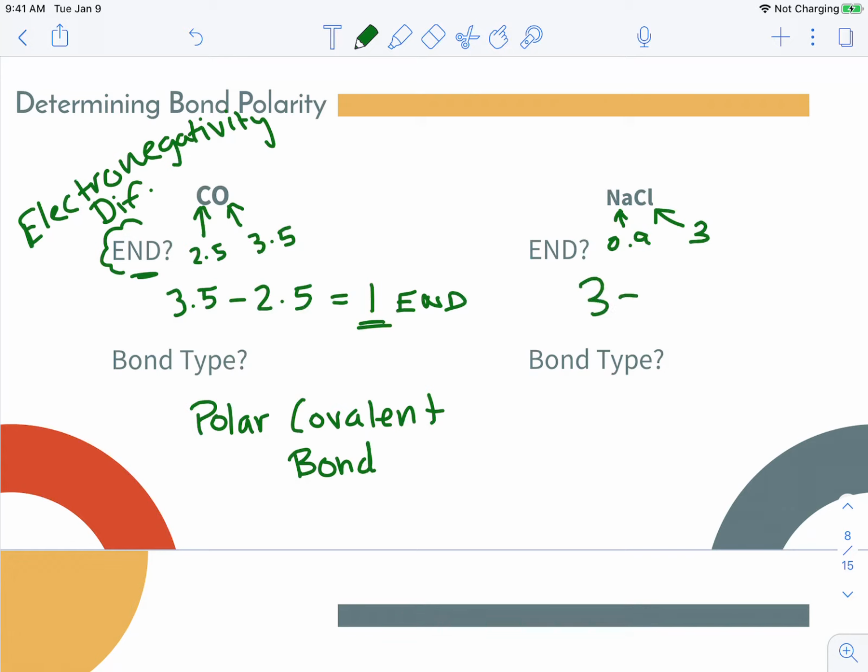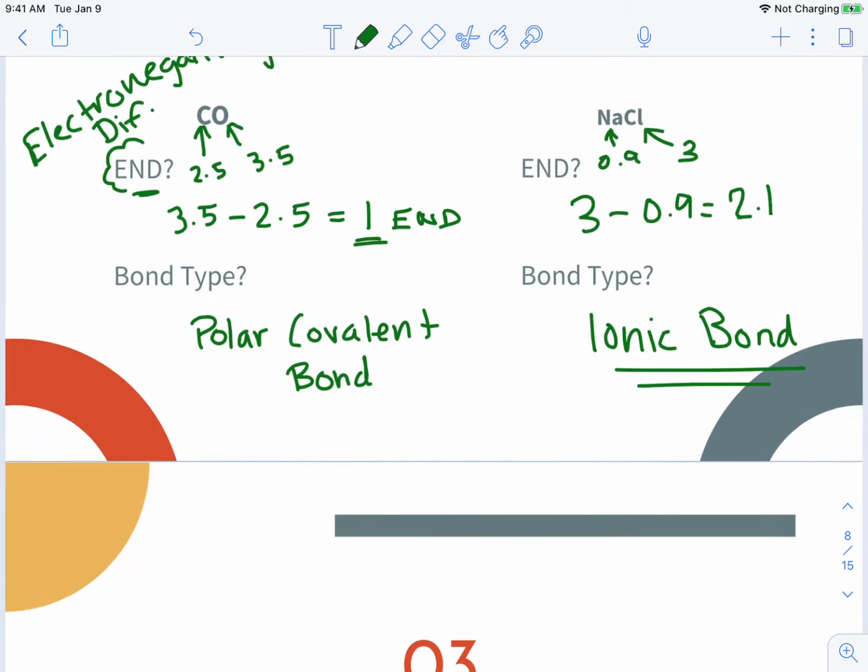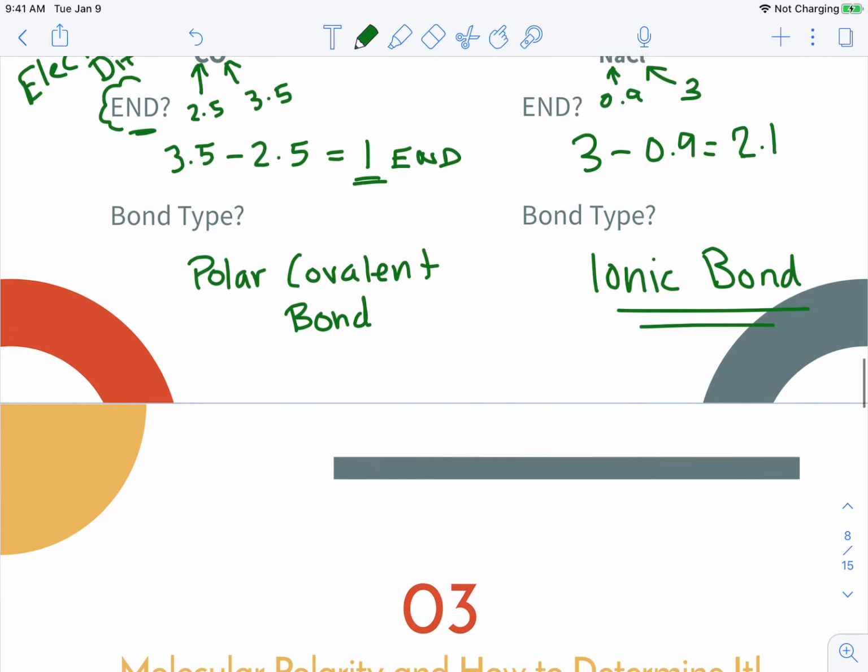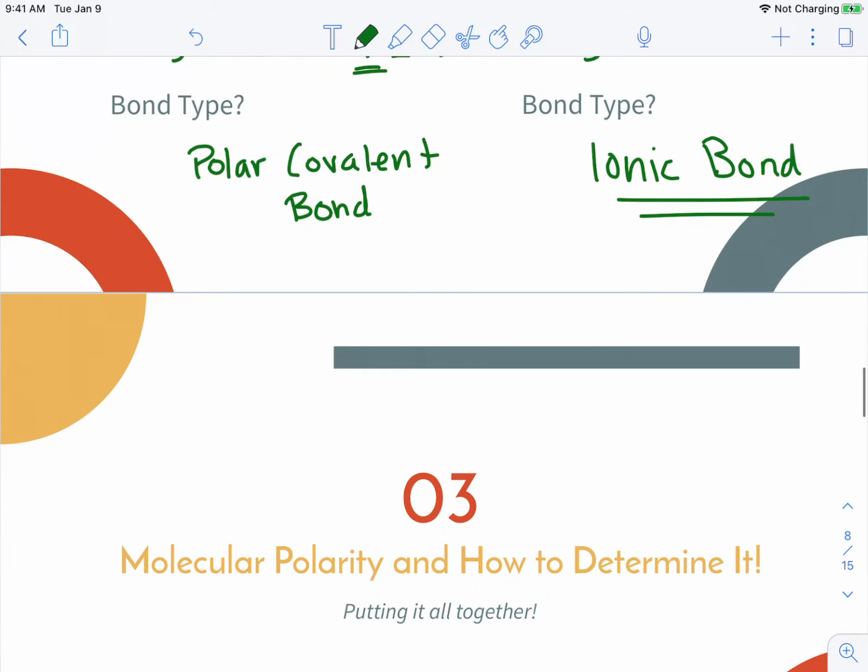So 3 minus 0.9 gives us an electronegative difference of 2.1. When we look at our chart, we see that 2.1 lies in the range of ionic bonds. So we know that sodium chloride is an ionic bond. That's where you have a complete transfer of electrons.